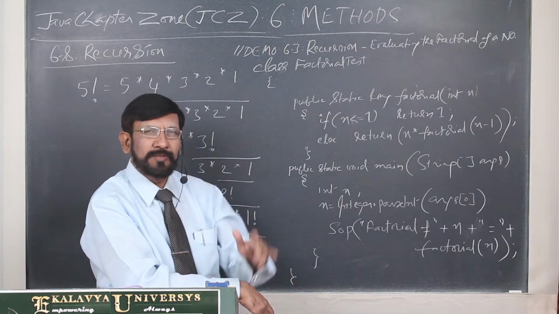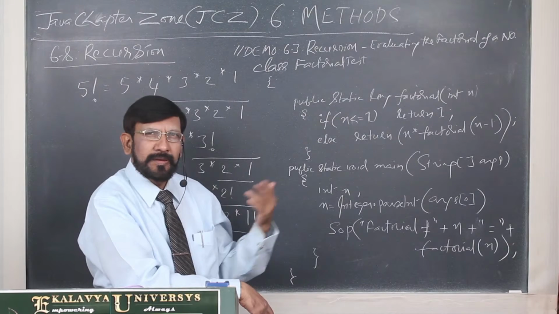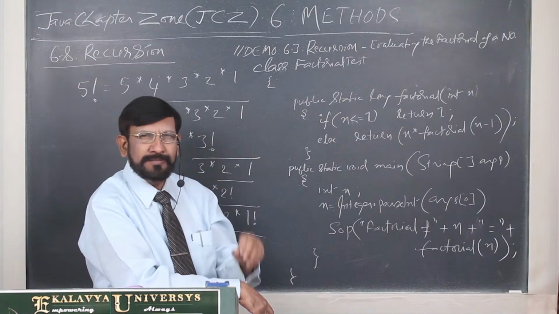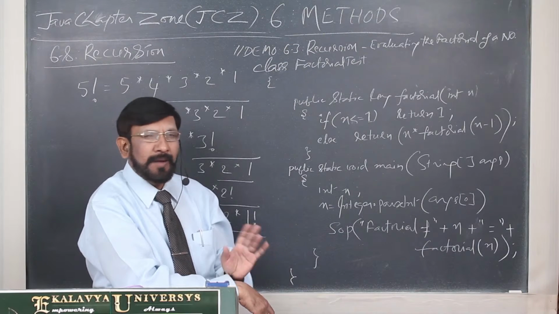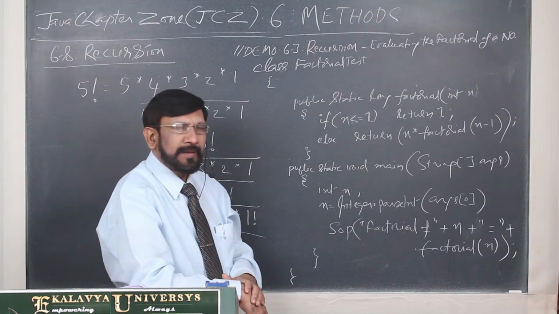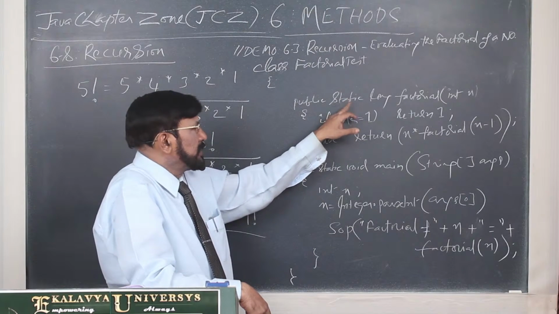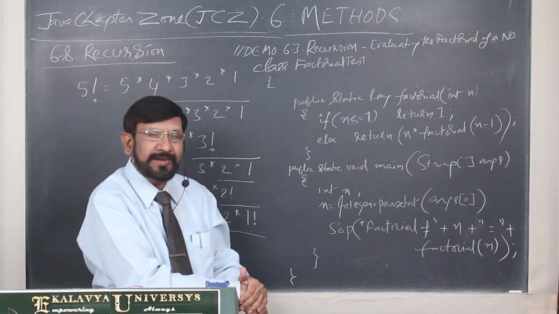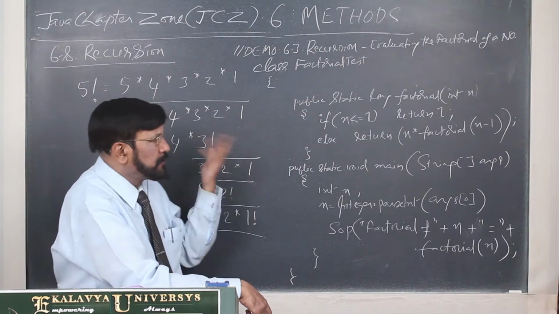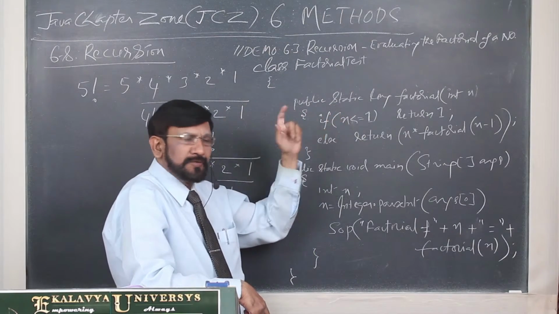Here I want to demonstrate the recursive method, and I don't want to create objects and complicate the issue. First you have to understand this mechanism. That's why I am using a static method. Static method means no objects need to be created before we can use it.